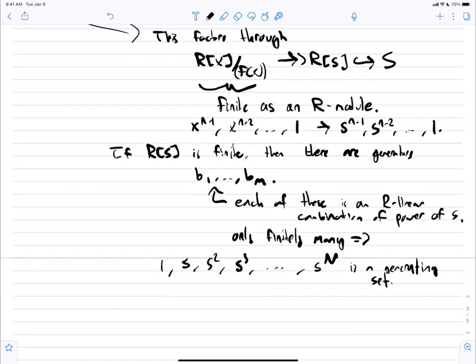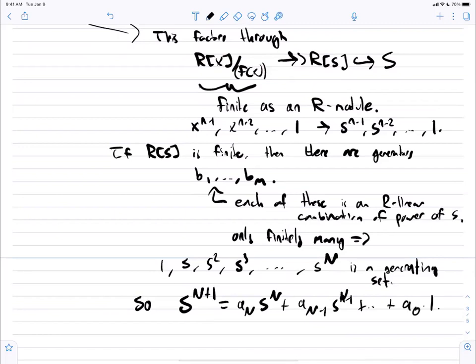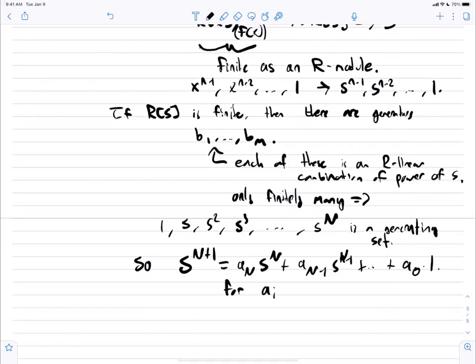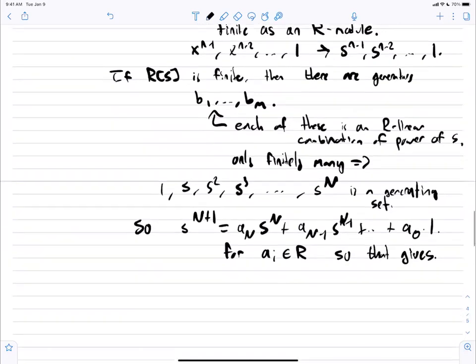Okay, but then that means since s^(N+1) is in here, it is going to be equal to a_N times s^N plus a_(N-1) times s^(N-1), and so on, all the way up to plus a_0 times 1, for a_i in R. And so that implies, everywhere these are little s's, that this is a monic polynomial with coefficients in R satisfied by s.